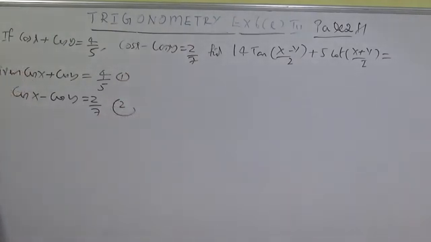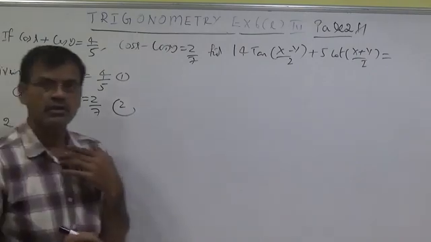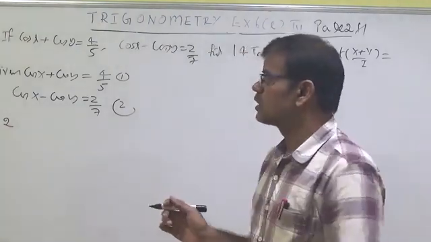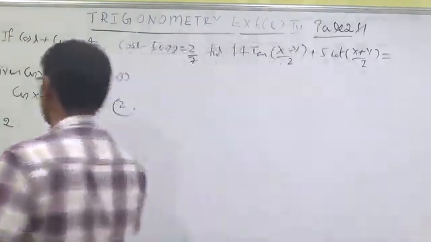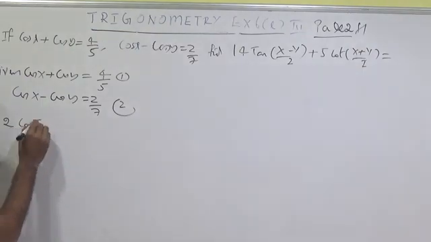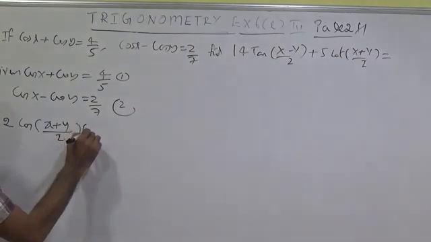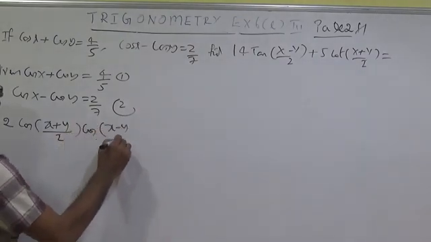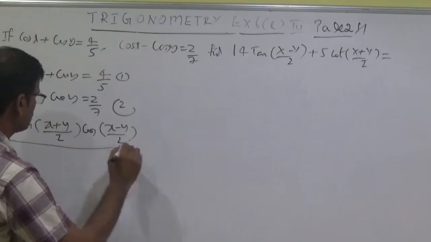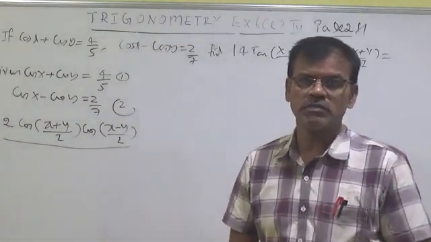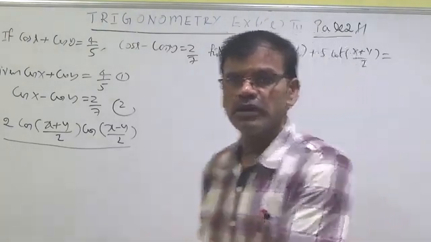Now first equation by second equation. Cos C plus cos D formula: 2 cos (C plus D) by 2 into cos (C minus D) by 2. So apply here 2 cos of (x plus y) by 2 into cos of (x minus y) by 2, whole by cos C minus cos D formula: minus 2 sin (C plus D) by 2 into sin (C minus D) by 2.